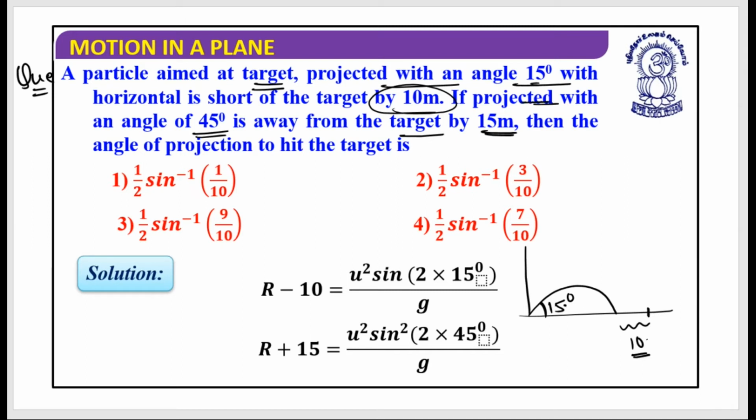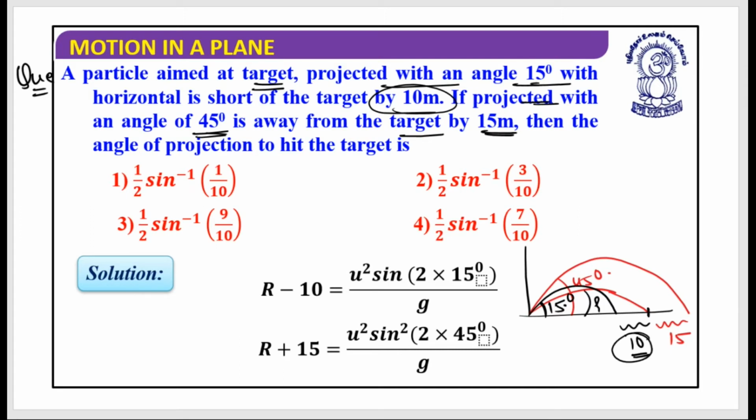Another, if projected with an angle of 45 degrees, is away from the target by 15 meters, that means the situation is something like this. This is the angle of 45 degrees, and this is away by 15. You need to find an angle so that it can hit the target, something like this, and this is what we require. That means this angle of projection is required.